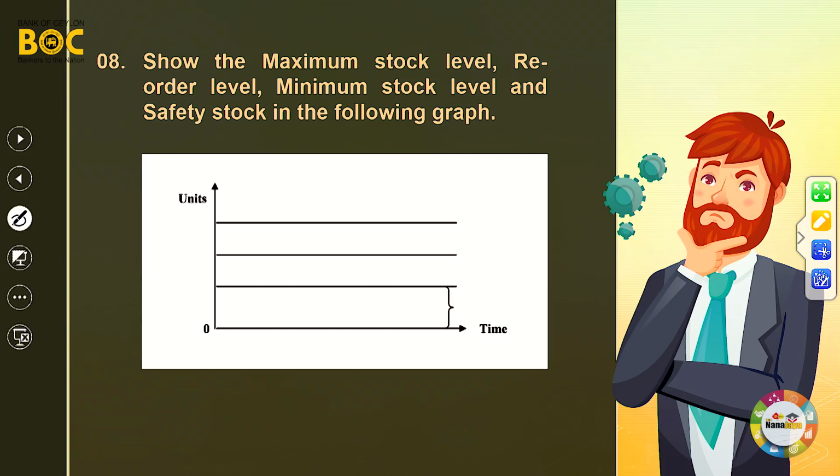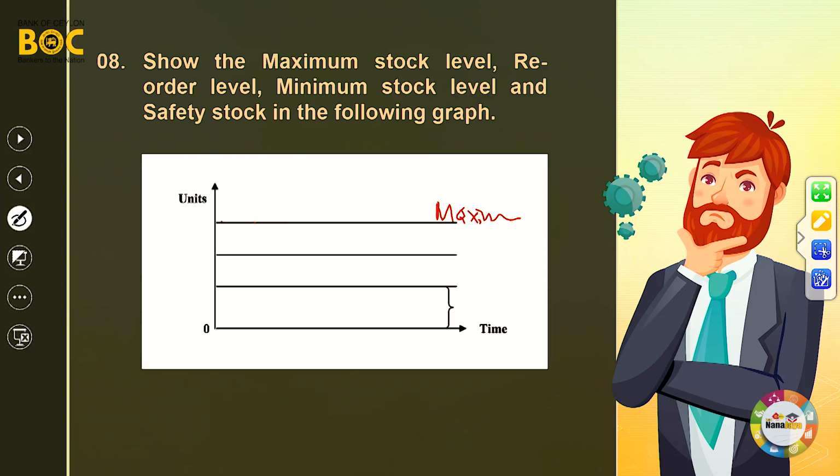To show the maximum stock level, reorder level, minimum stock level and safety stock. Right. Take this chart with the consumption of material. Say this is your maximum stock level.